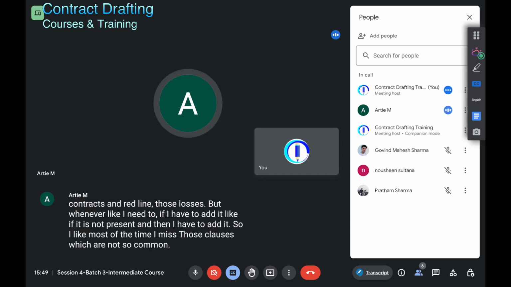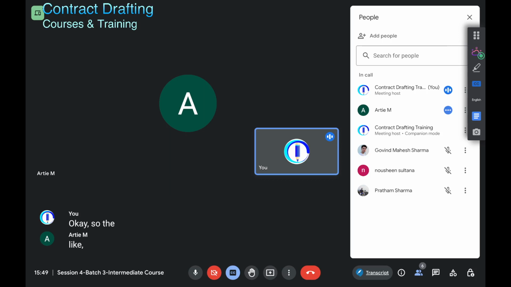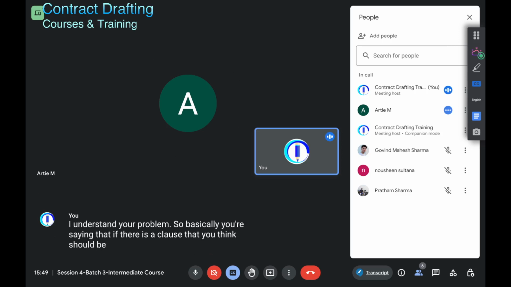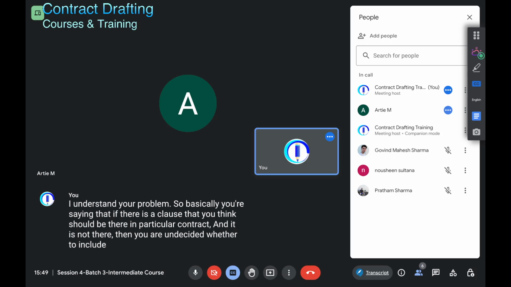I understand your problem. So basically, you're saying that if there is a clause that you think should be there in a particular contract and it is not there, then you are undecided whether to include it or not, and what will be the reaction of the other side.